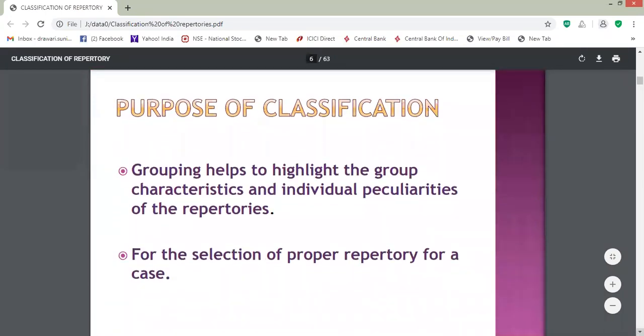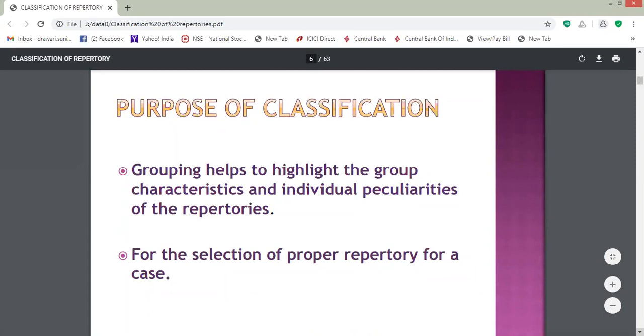Then what is the purpose of classification? Grouping helps to highlight the group characteristics and individual peculiarities of the repertories, for the selection of the proper repertory for a case.